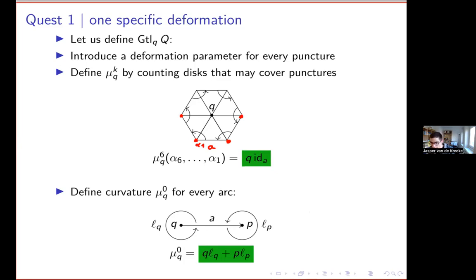Remember that we are working over the ring which has as many deformation parameters as there are punctures. So for instance, Q and P in this case are simply the generating variables of the local ring. So this expression makes sense.